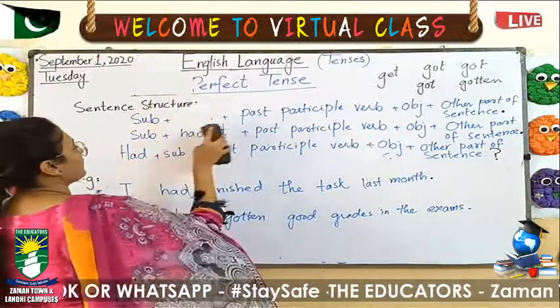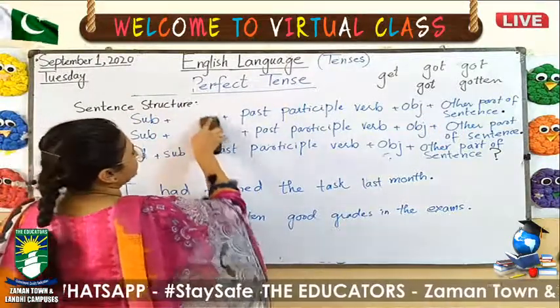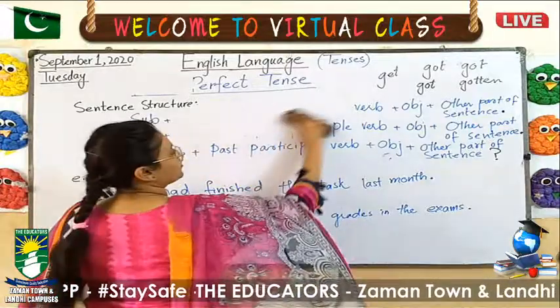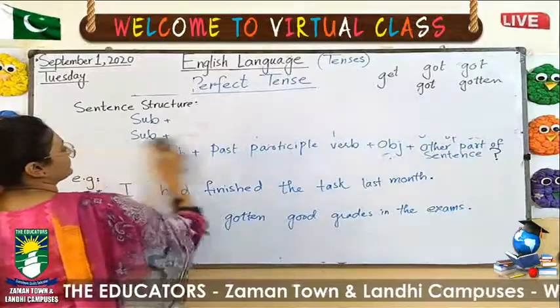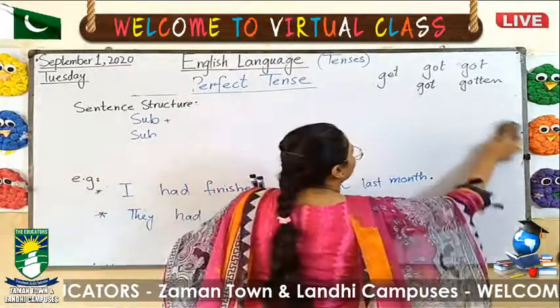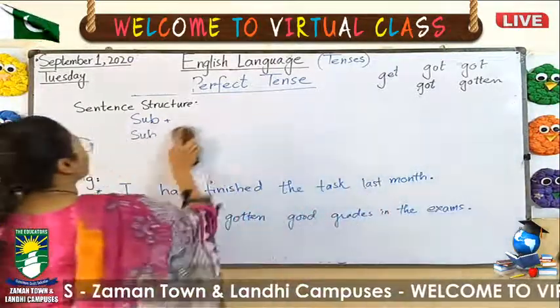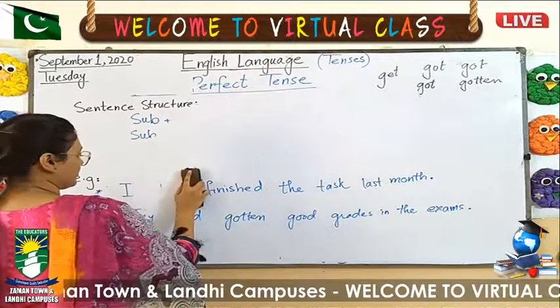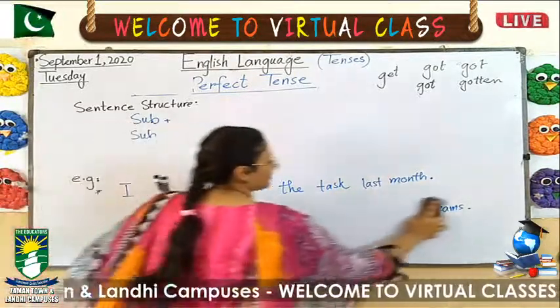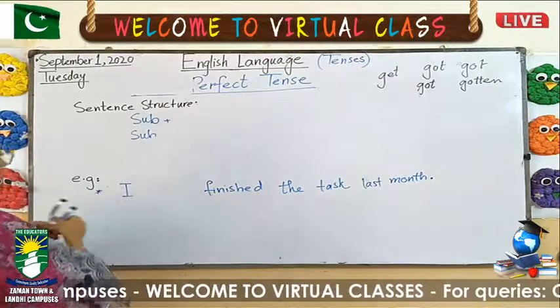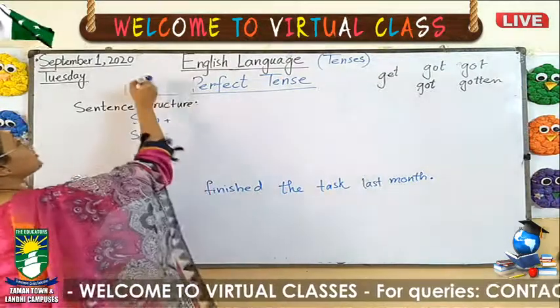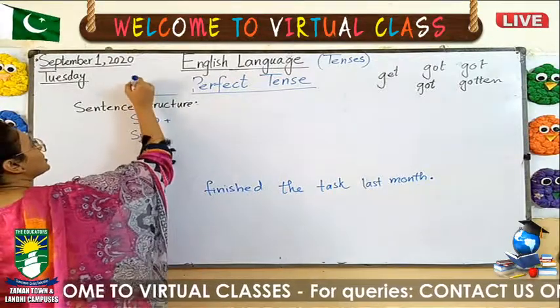In future perfect tense, what do we do? We will have to raise the board because we have two auxiliary verbs in future perfect tense. Fine. So in future perfect tense, what do we do?